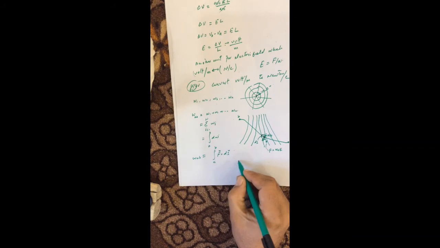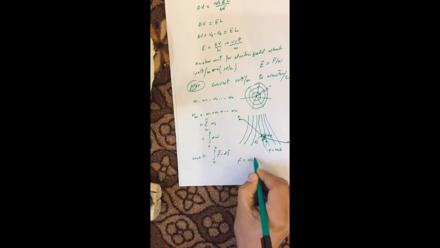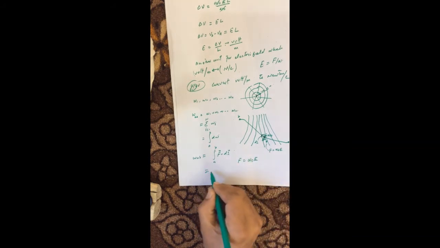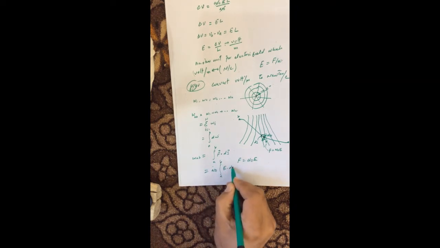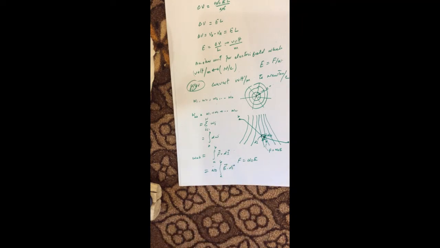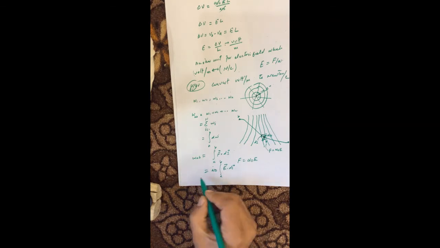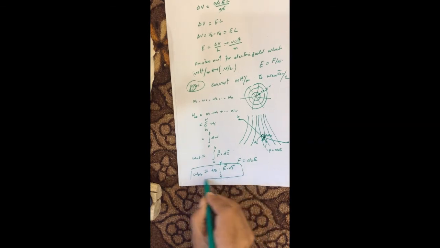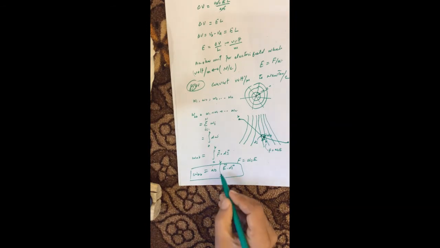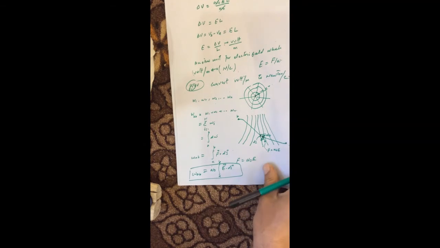Now force is equal to Q naught times E. Using this, we have Q naught times the integral from A to B of E dot ds. This is the work done in moving a charge from A to B in a non-uniform electric field. Electric field is non-uniform, so I cannot bring it outside of the integral.